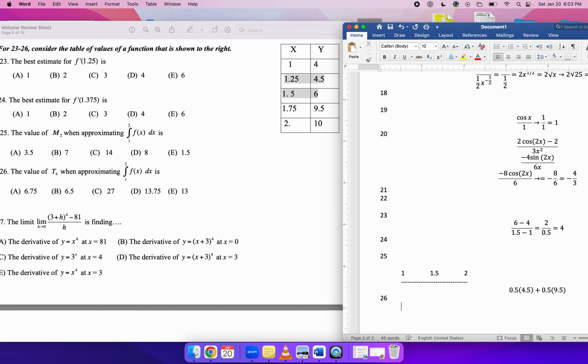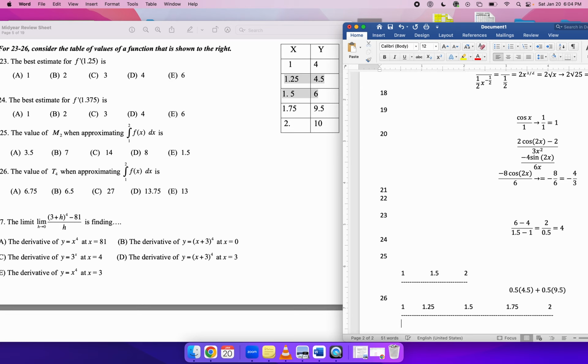So if your interval is going from 1 to 2 and you're using 4 subintervals, then I think you're looking at 1 to 1.5 and then 1.5. No, that's totally wrong. 1 to 1.25 to 1.5 to 1.75 to 2. So those would be your 4 subintervals.